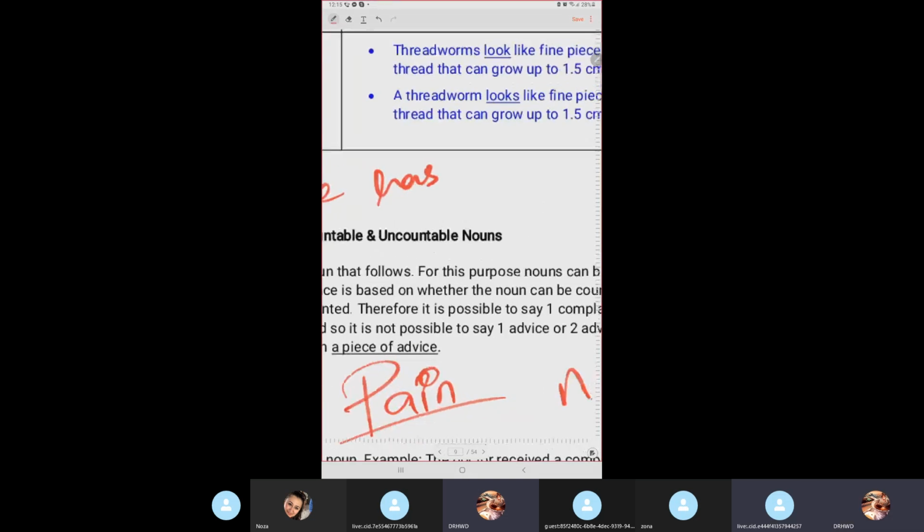So you're saying he has pain in groin, right? Okay, you're saying he has pain in groin. All right. So, is pain countable or uncountable according to this one?